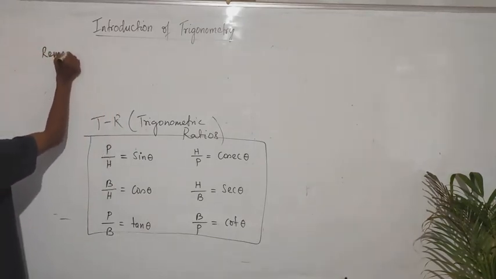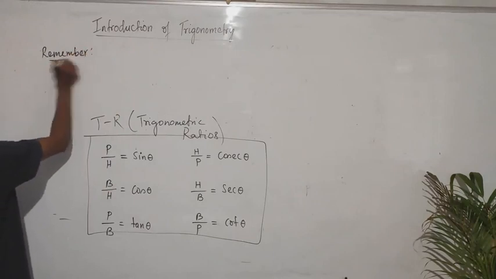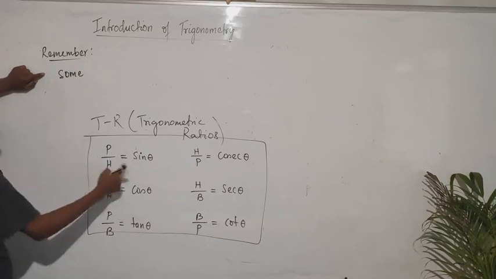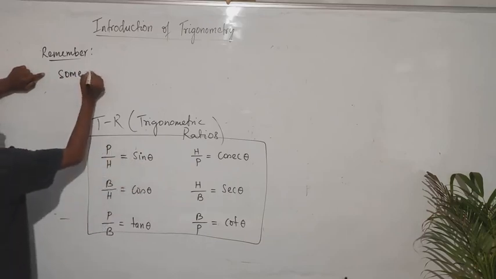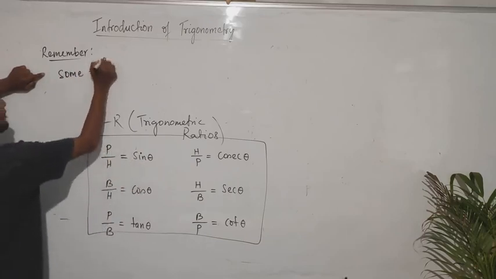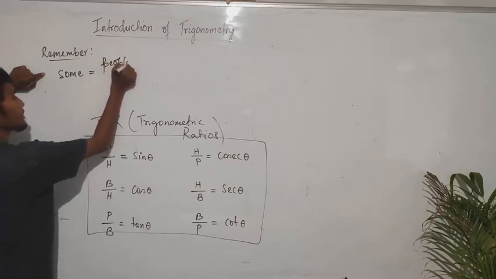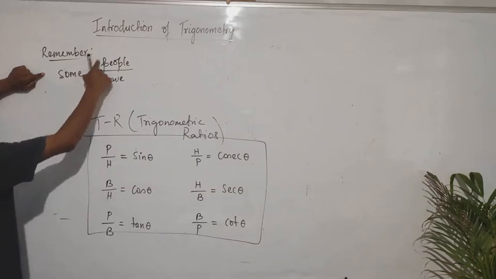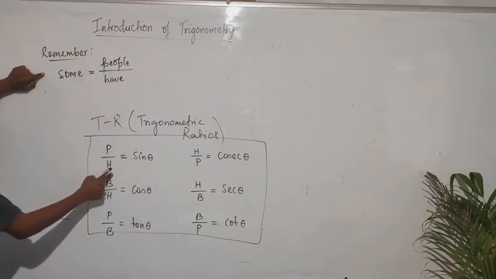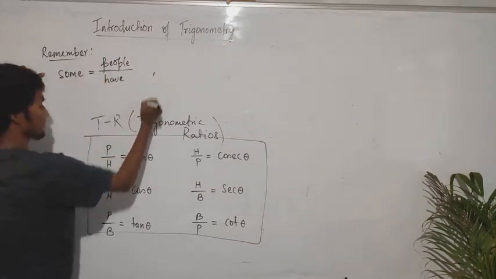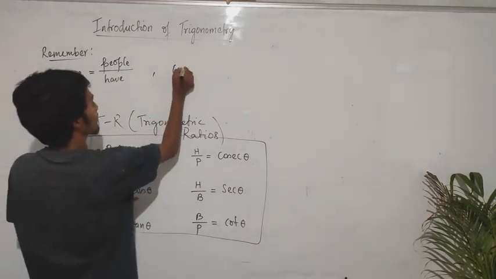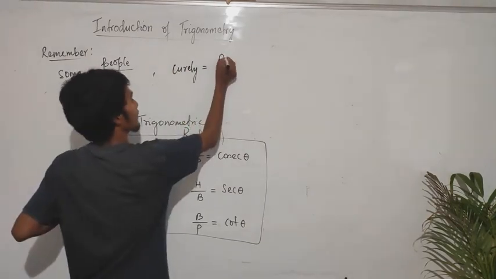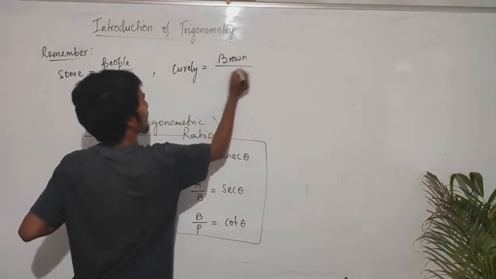Remember this: sin theta, I can write like this. Some people have, that's sin, P by H. Some people have. Then here is cos. Purely, then B by H. Purely brown hair.